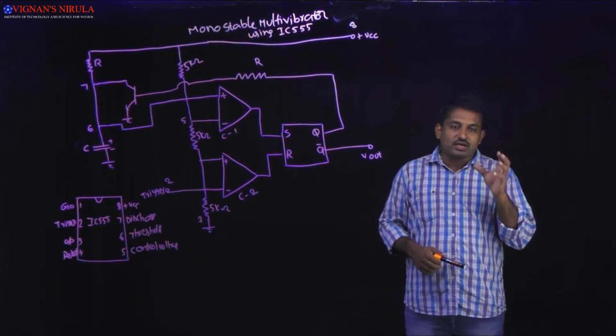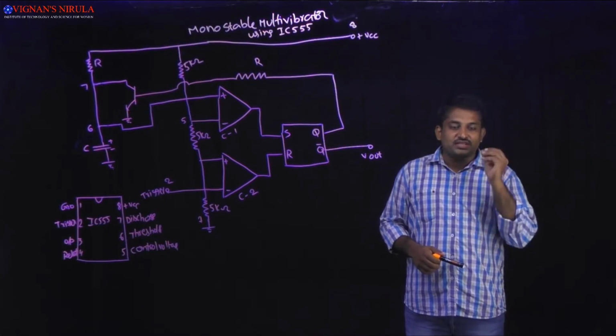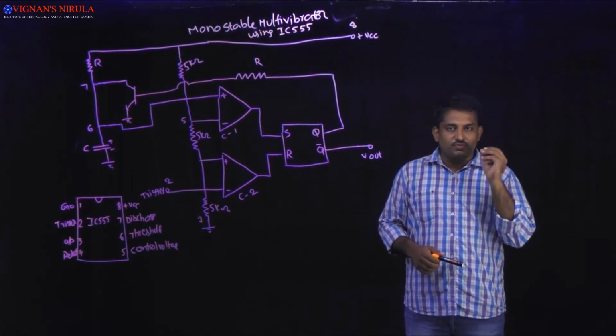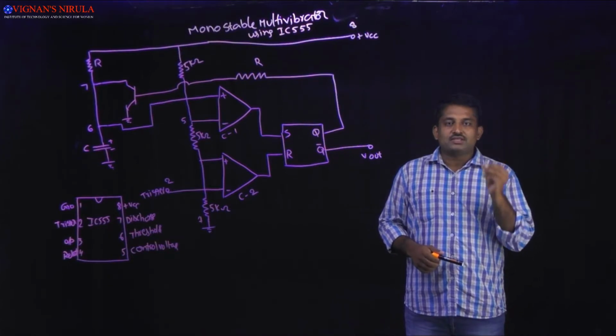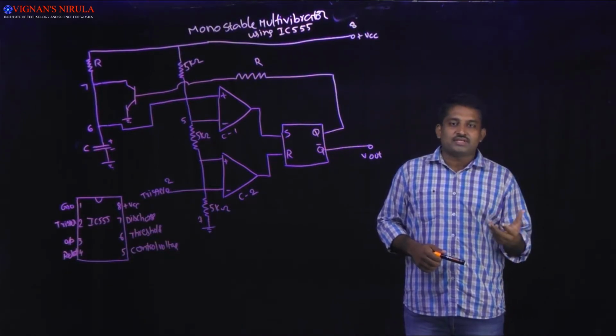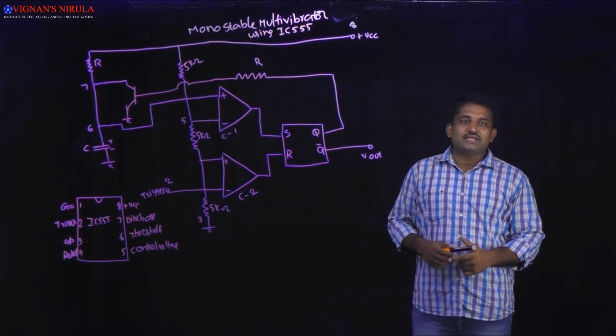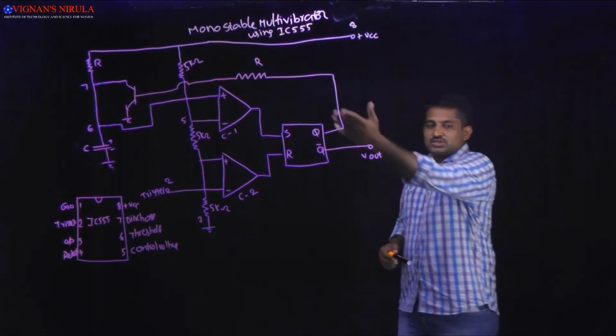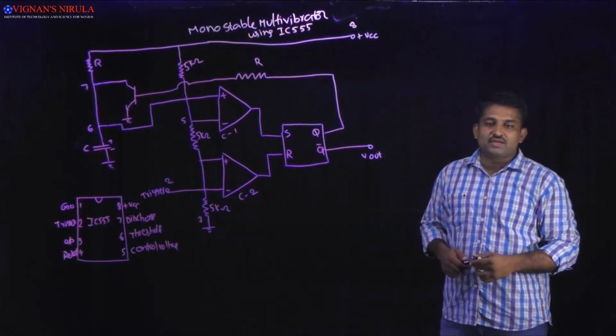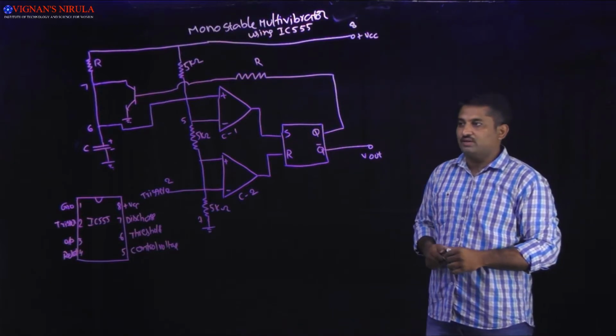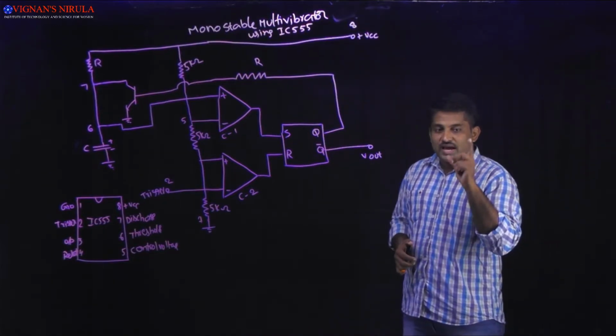If you connect a resistor and capacitor externally to the IC555, then the IC555 will be converted into a monostable multivibrator. This circuit explains the monostable multivibrator using IC555.